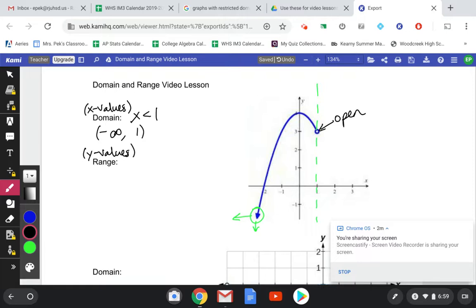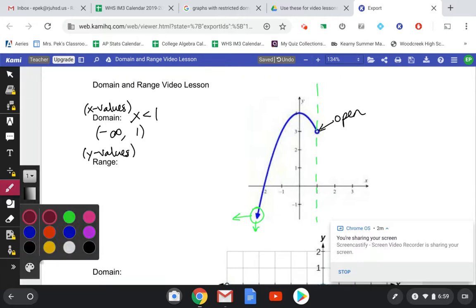Now the range of the graph are the y values. You want to think about how far up is it going to go and how far down is it going to go. It's only going to go as far up as y equals 4.